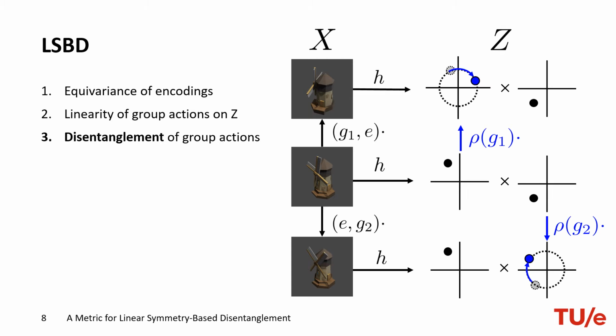If we now have two independent rotations, one for the windmill and another for its blades, then the encoding should, for example, encode information about each transformation in two separate two-dimensional spaces, as shown in this image.